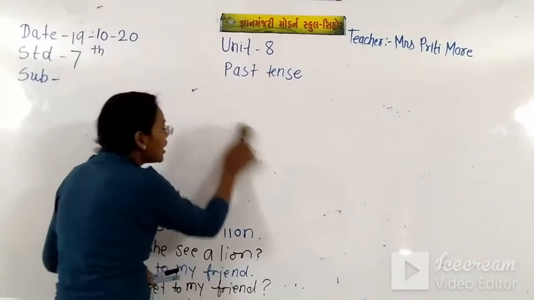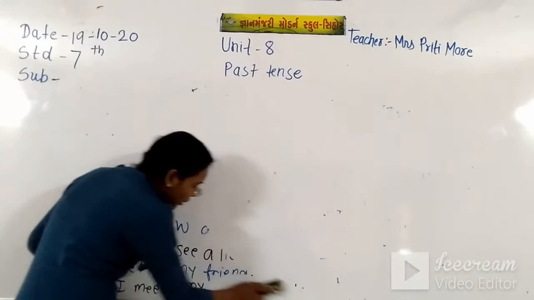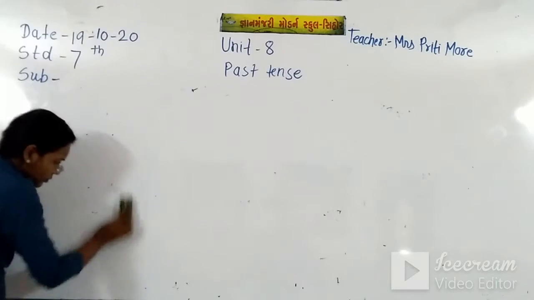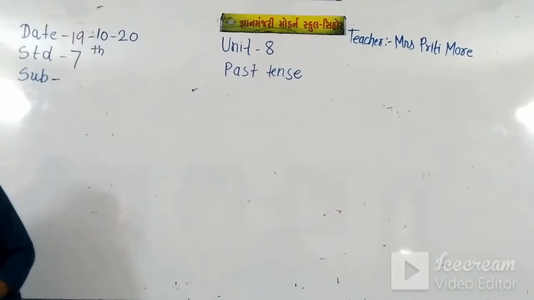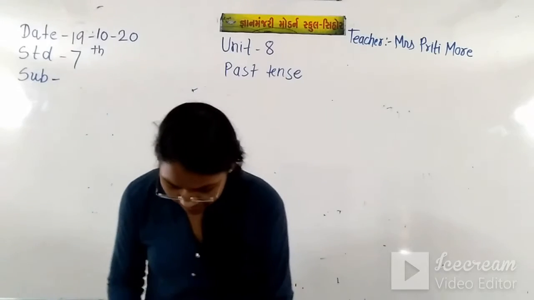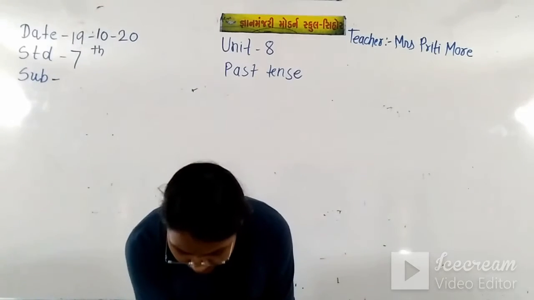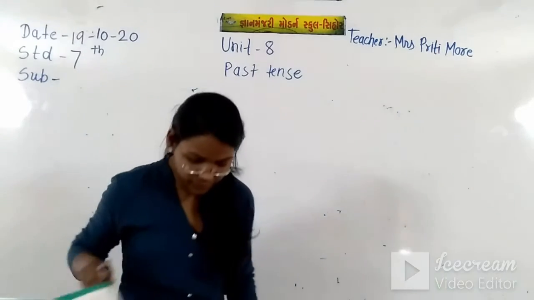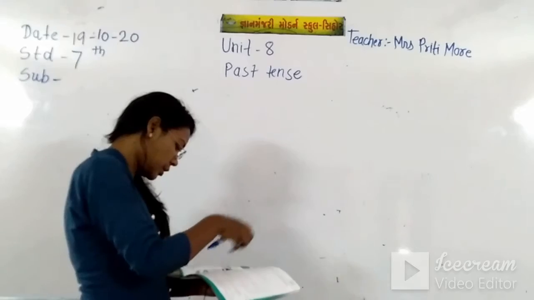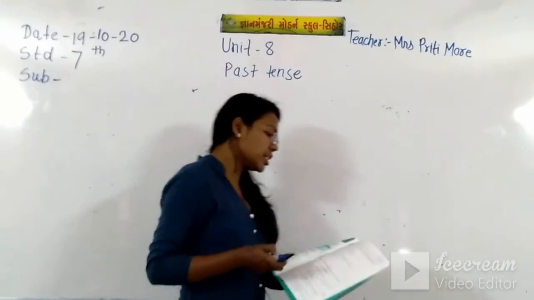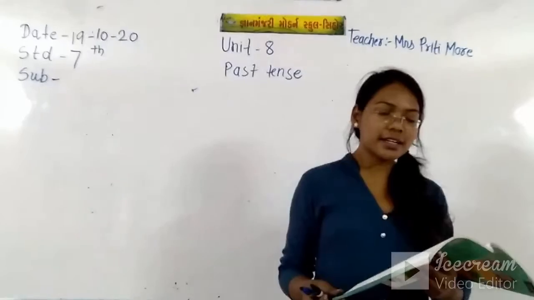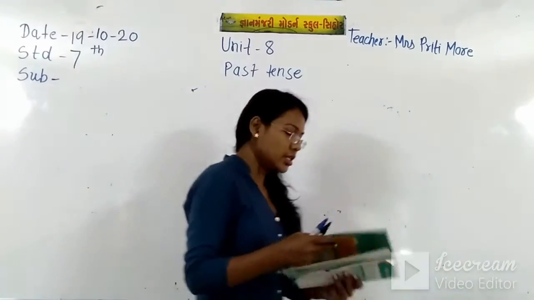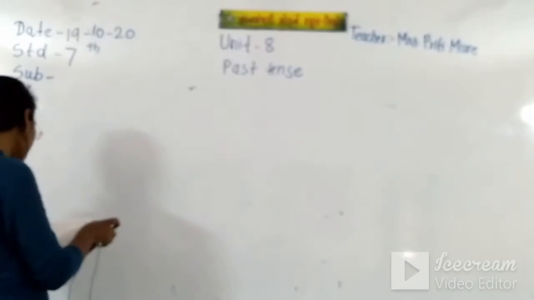Some sentences are to be converted into interrogative, some into negative. Now what instruction is there? Convert these sentences as instructed in the bracket. Make sure that the tense does not change.